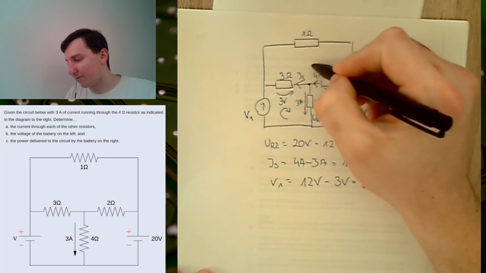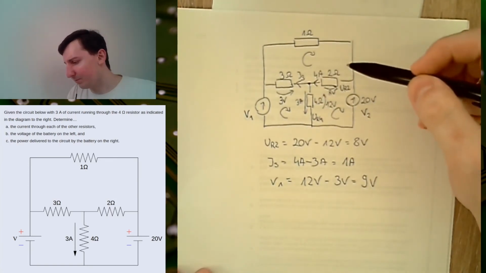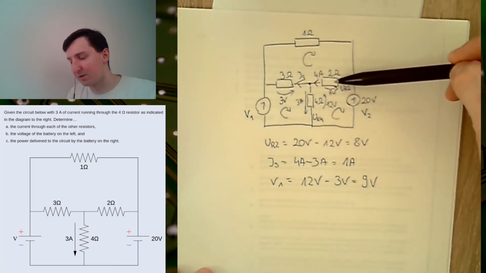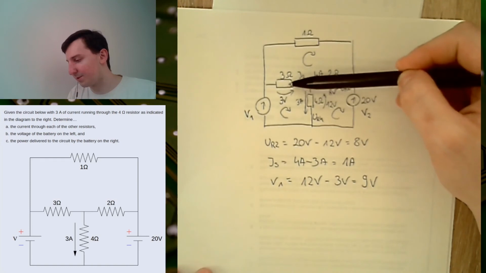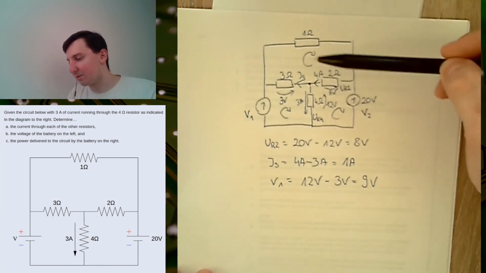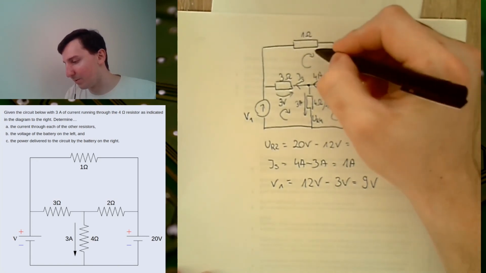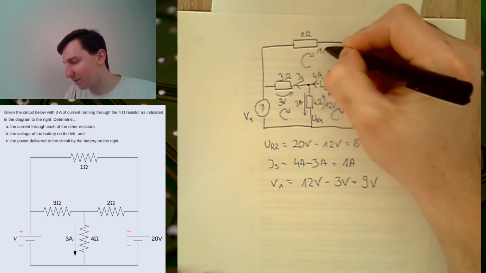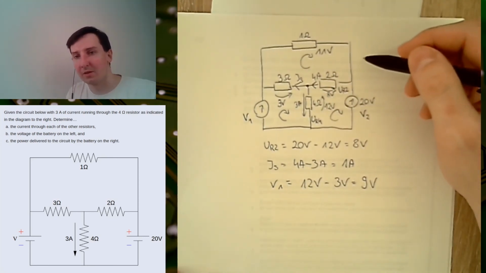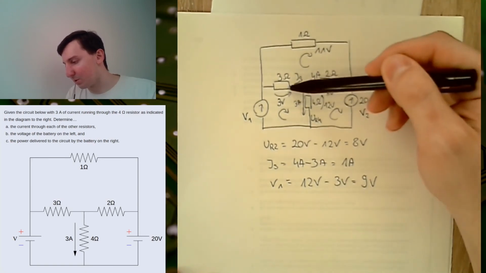So we have the third loop, and the voltage drop on these two resistors is respectively 3 volts and 8 volts. They are in the same direction, so we know that this voltage drop will be 11 volts. And now let's see what direction this will be. It must balance out these two.